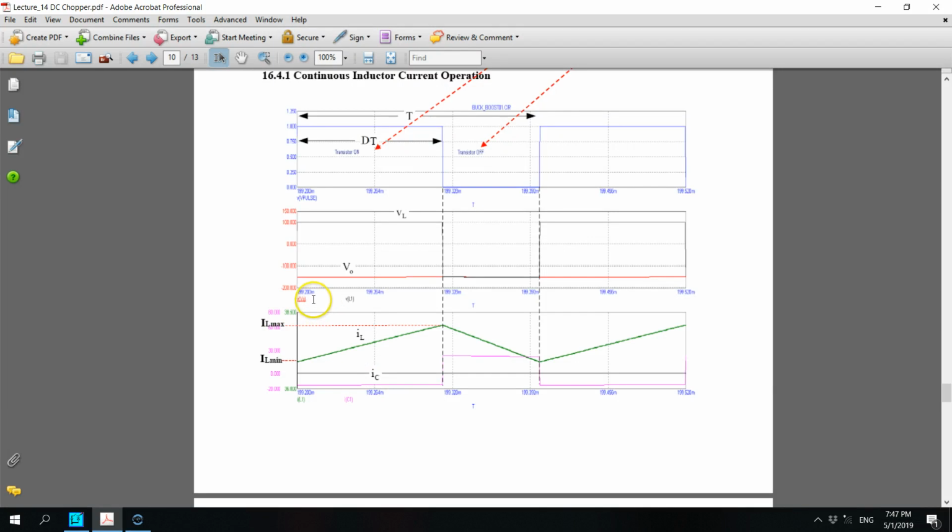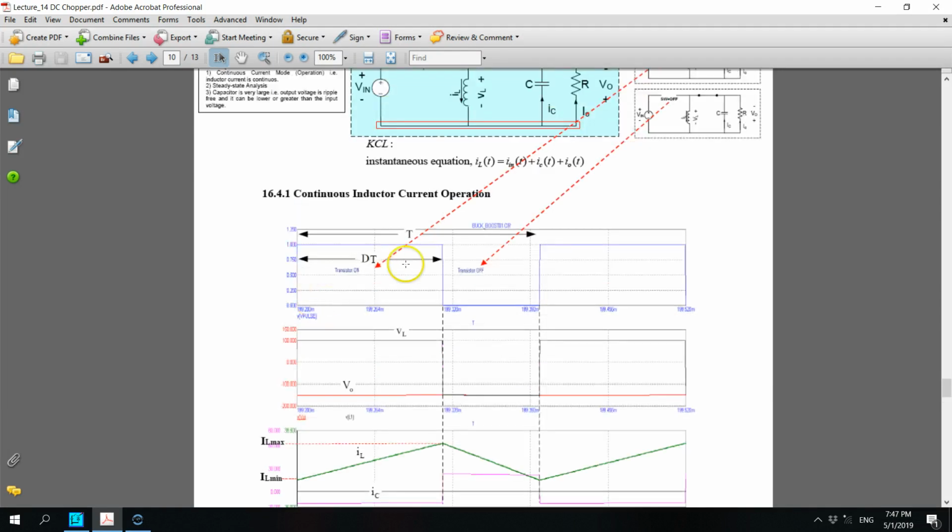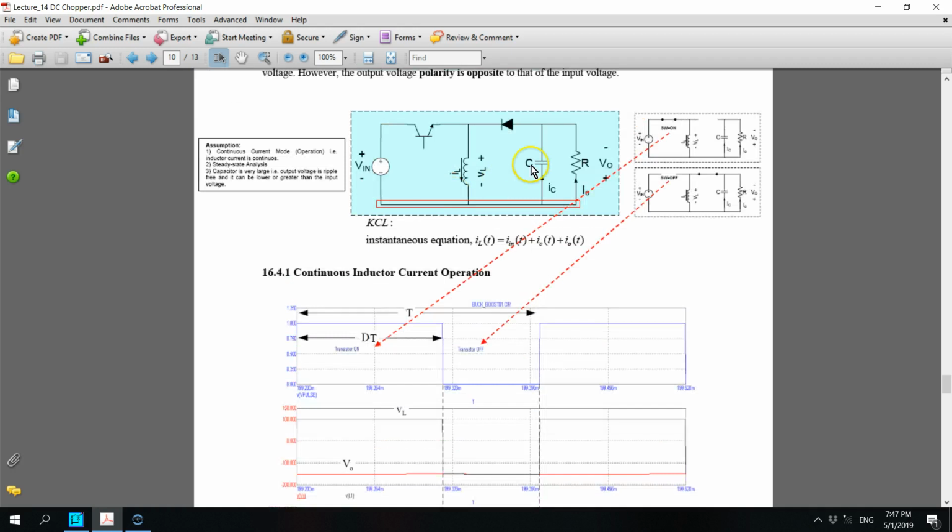Okay, so now let's look at when the transistor is off. When the transistor is off, we know the diode is on. The switch is off, and therefore we have only that loop, whereby we have minus VL minus Vout equals 0, and therefore VL equals minus Vout.